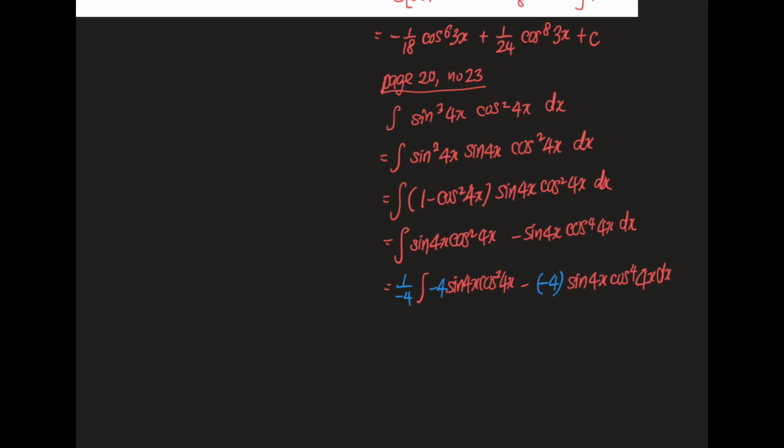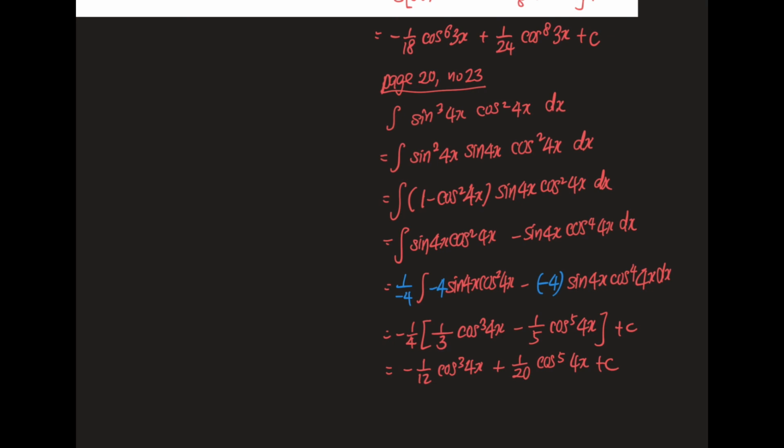Now by using the formula, I will get 1 over 3 cos 3 4x minus 1 over 5 cos 5 4x plus c, which is negative 1 over 12 cos cube 4x plus 1 over 20 cos 5 4x plus c. That is what we get at the end for question 23.